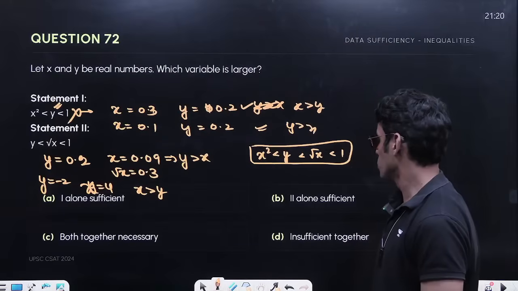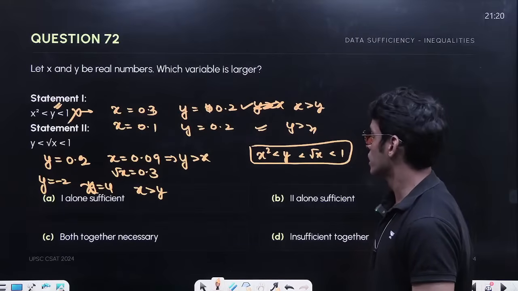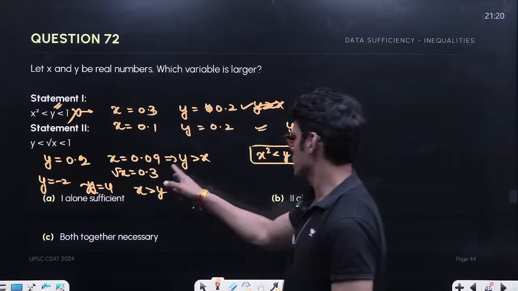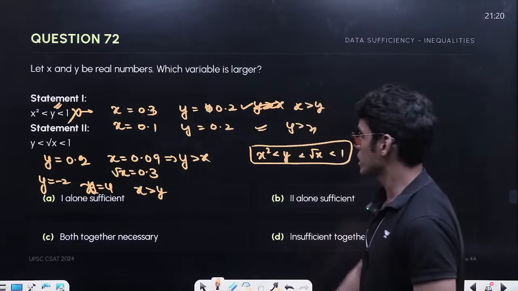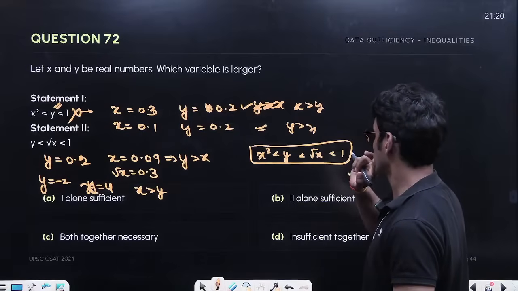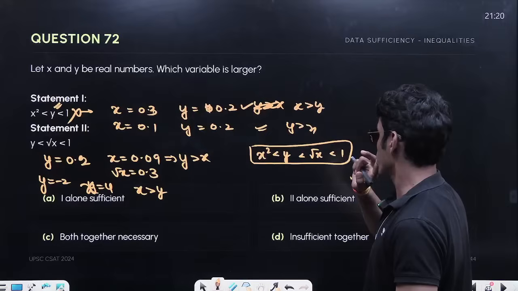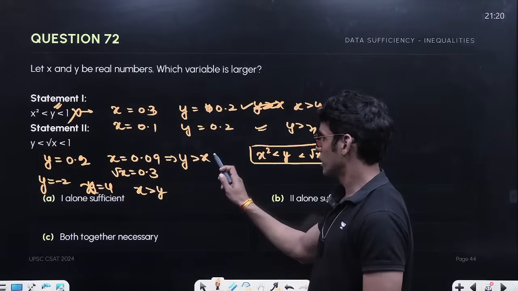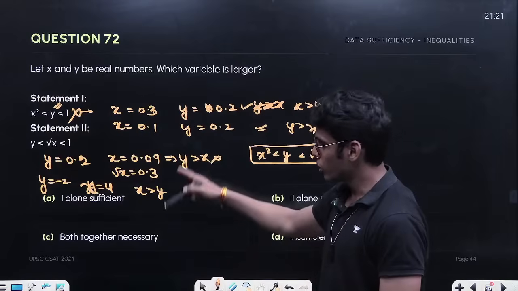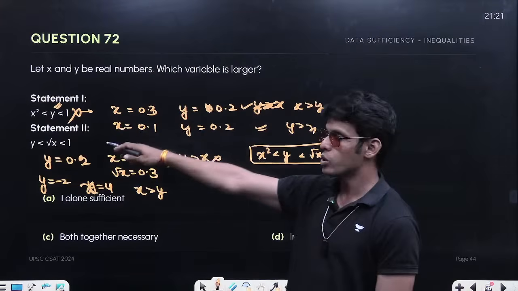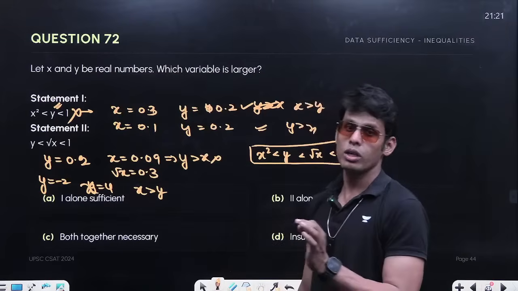So can I say that Y is greater than X? In this case, your Y was greater than X. So do you have a case in which X is greater than Y? When you take X to be 0.3, yes. So again, all these are very, very difficult. Even after using these two, you are not able to conclude which one is correct.